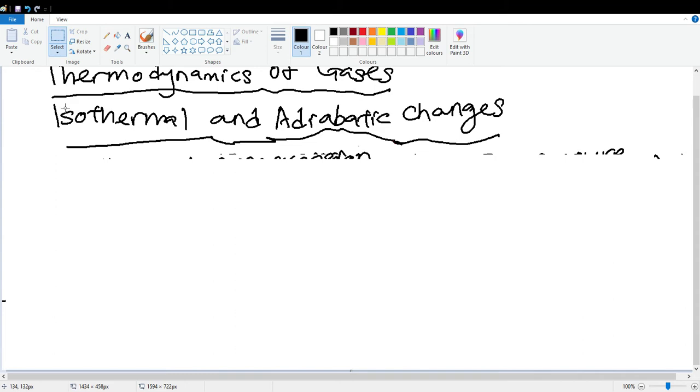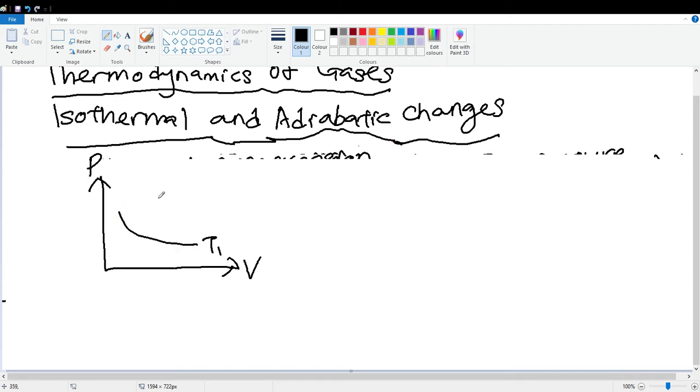So we know the work done for isothermal, let me just draw it down in case you forget. So this is the graph of P against V. This will be my first expansion process with T1.